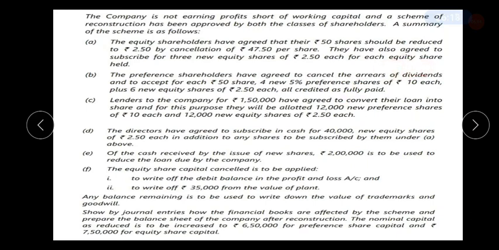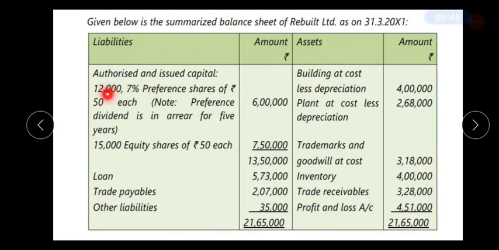Instead of old preference shares of face value rupees 50, they are getting new preference shares of face value 10. At the same time, they are also getting 6 new equity shares of rupees 2.50 each. For every preference share held, they are going to get 6 new equity shares. So these old preference shareholders, these 12,000 preference shareholders, are going to get new preference shares.